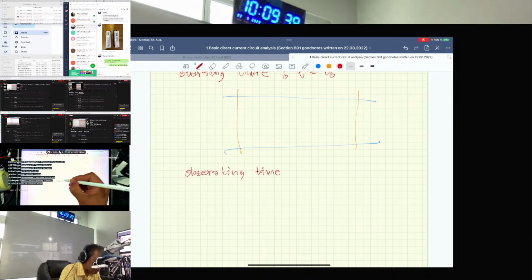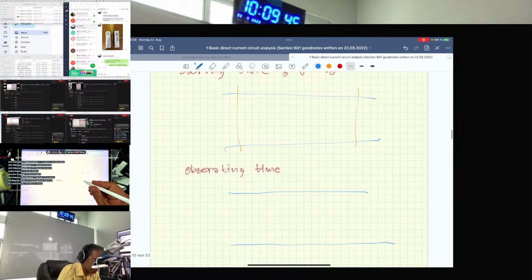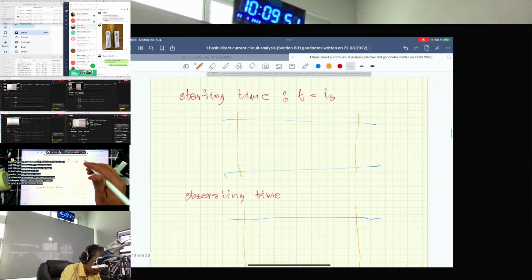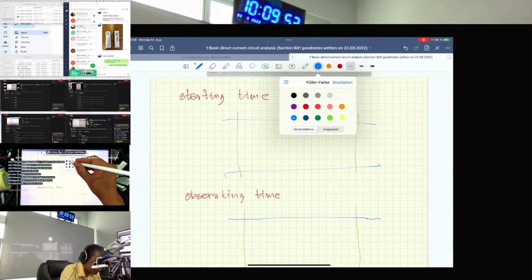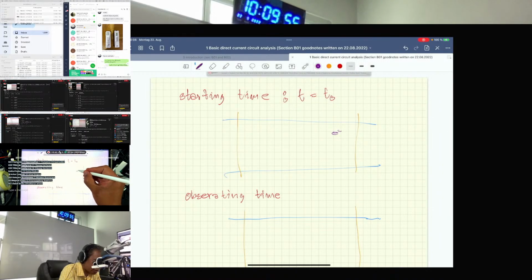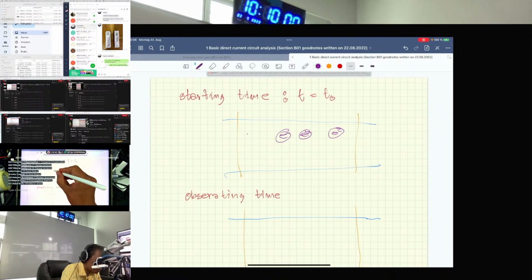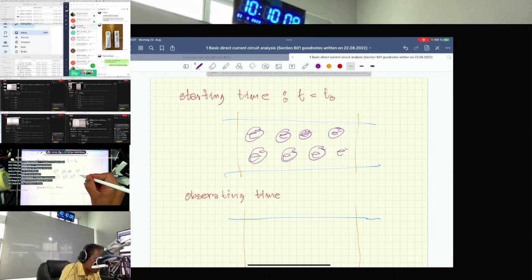Or the second time, it's like this, and you have electrons again, and yeah, many electrons actually, on the order of a million electrons.